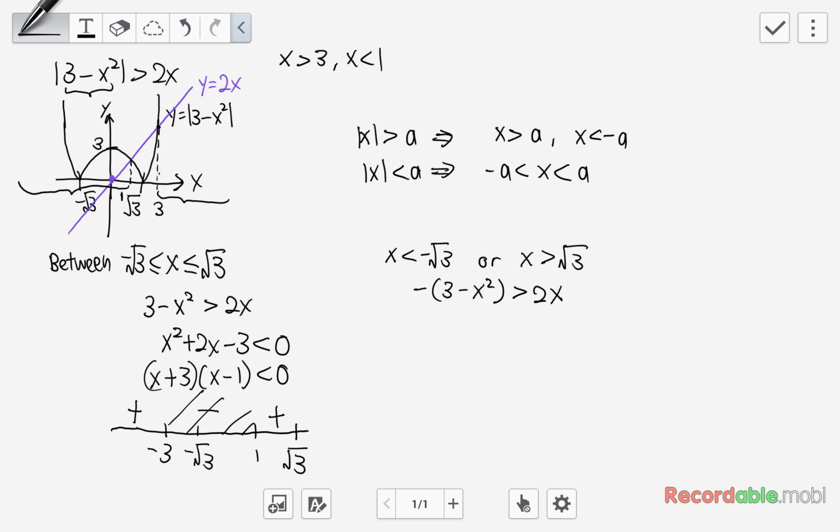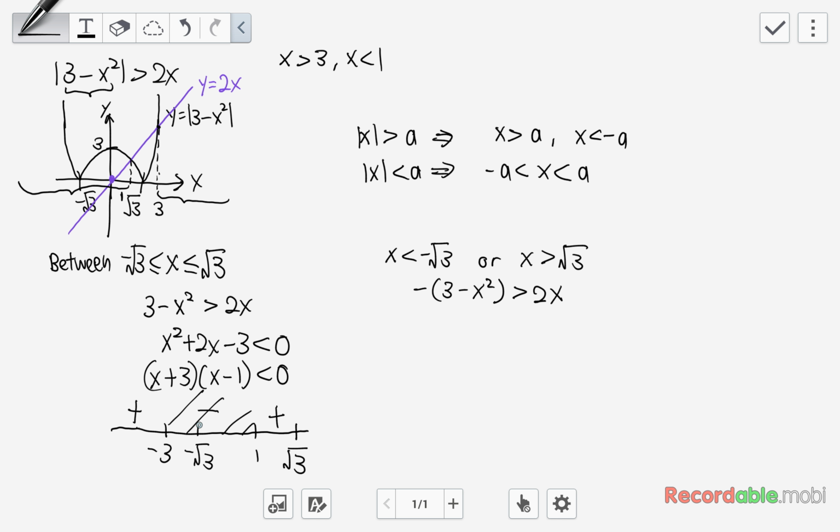Alright, but can we take all of this negative region? Actually, we can't. We can only take between minus root 3 and root 3, right? Because this equation only describes the graph between minus root 3 and root 3. It doesn't describe the area here, it doesn't describe the area beyond.